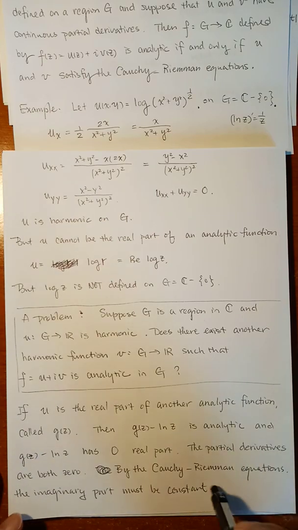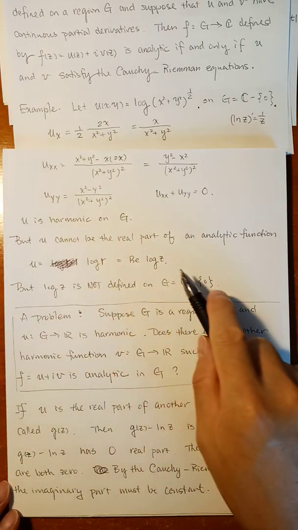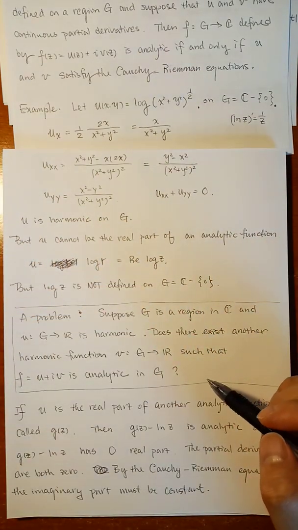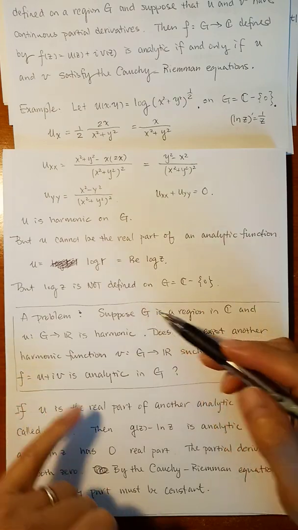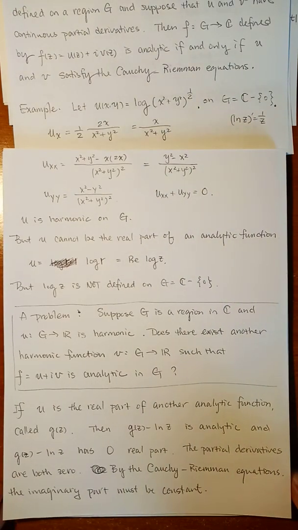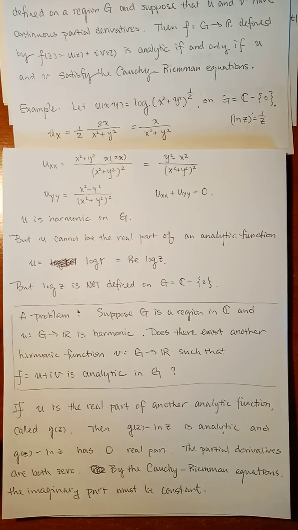So that's the explanation why this u does not have a counterpart v so that u plus iv is analytic. It's simply because of this logarithmic function.